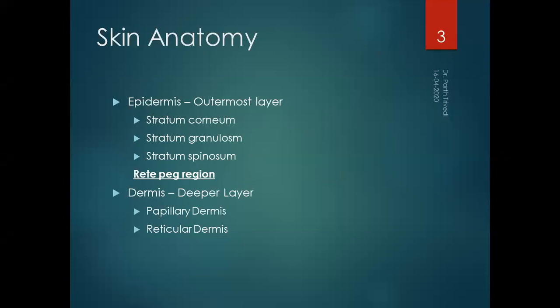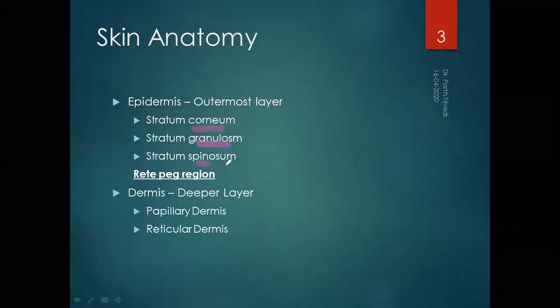The epidermis, which is the outermost layer of the skin, has three parts: stratum corneum, stratum granulosum, and stratum spinosum. The basic function of the skin is to protect the body from outer damage and from the environment.